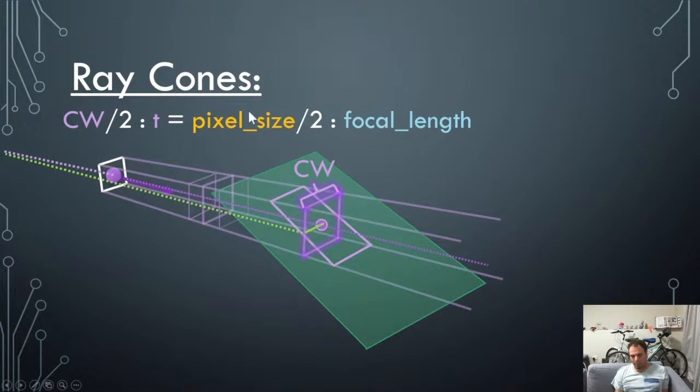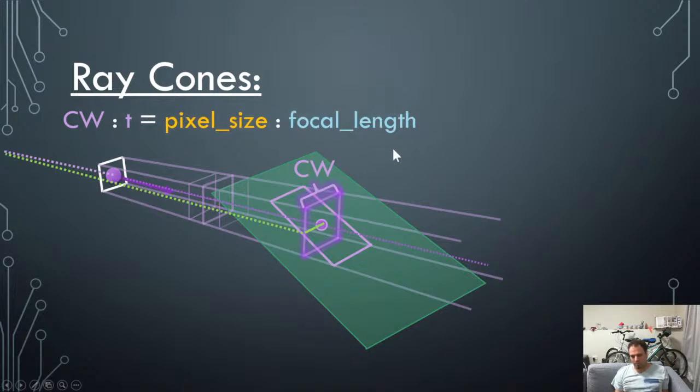The same thing happens on the other side, so the over 2 cancels out, and we're just left with this. If this is 1, the width of the original pixel, what is the width of the projected pixel, which is abbreviated here as CW for cone width. It's a rectilinear, rectangular cone that's being emitted here.